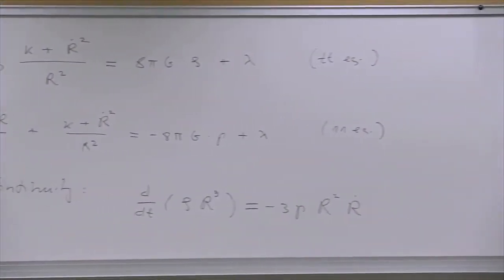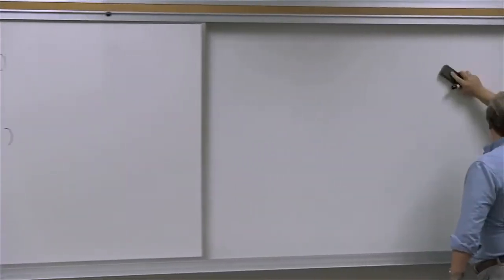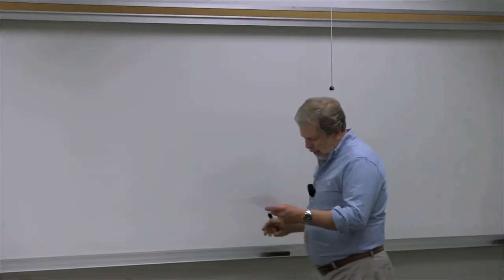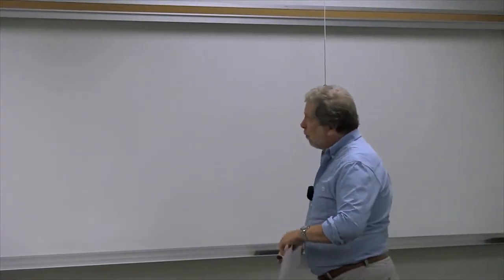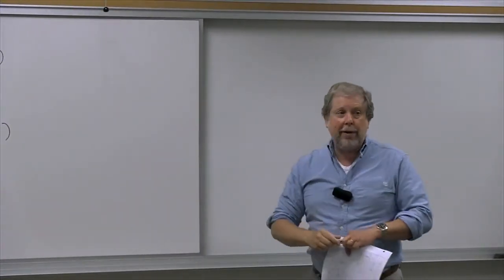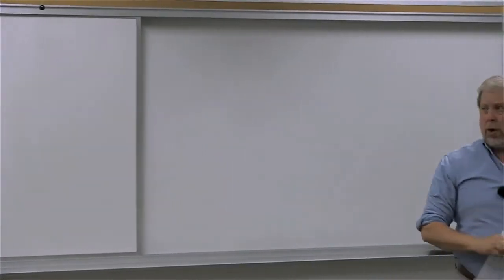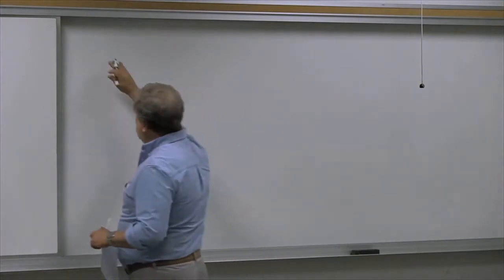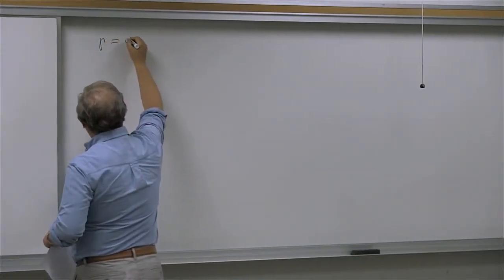So the first thing we can do is look at the last equation. We're going to analyze several different cases, and one of the simplest cases to look at is the case when the pressure is 0.